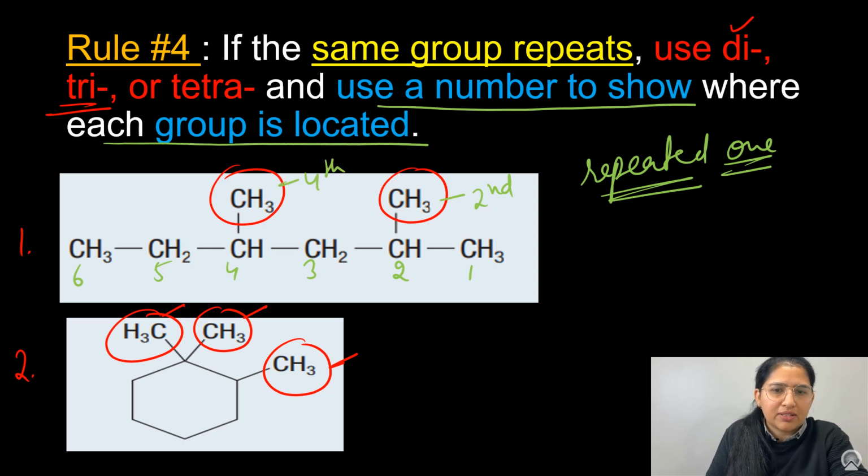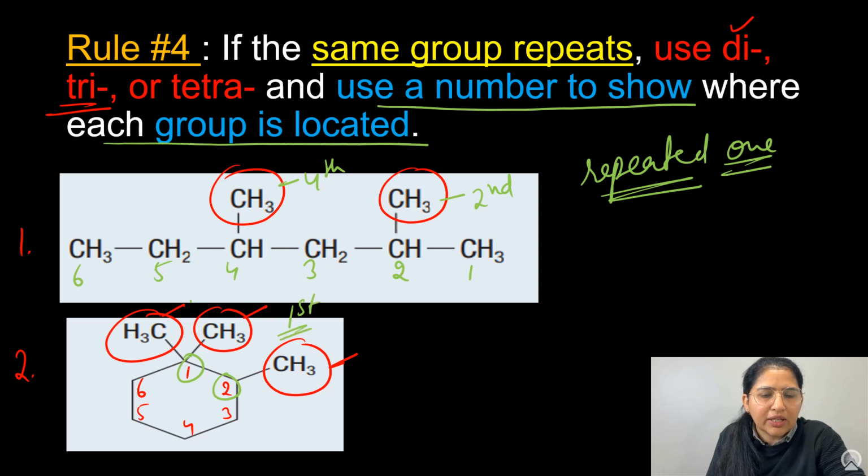while the position of this second substituted group is fourth. Similarly at the bottom, if we do the numbering 1 2 3 4 5 6, you can see the substituted groups in the second compound: two of them are at the first carbon, while the other one is located at the second carbon.